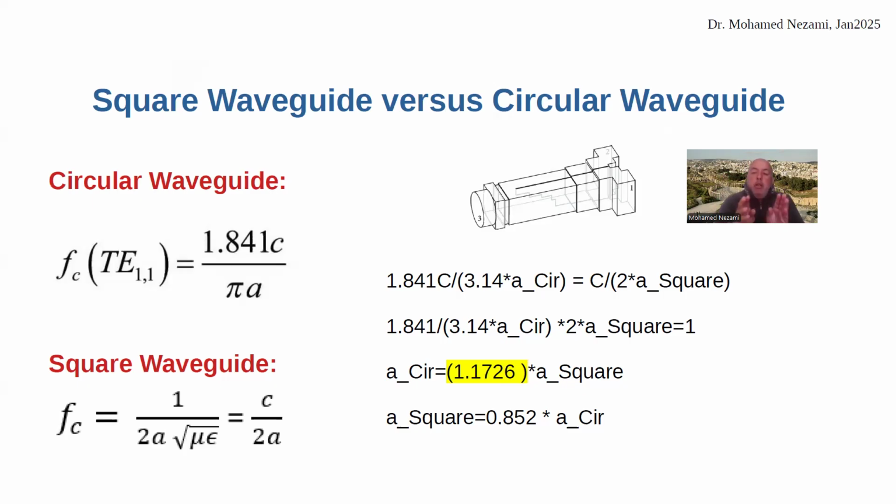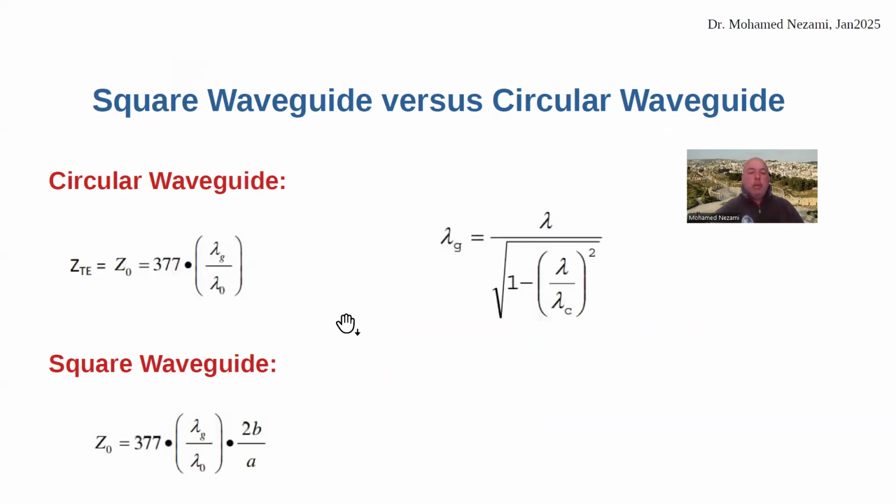It just has a little flare, and you can find in the literature a transition from a square waveguide to a circle waveguide with a little piece, just to flare out the edges of a square into an opening of a circle waveguide.